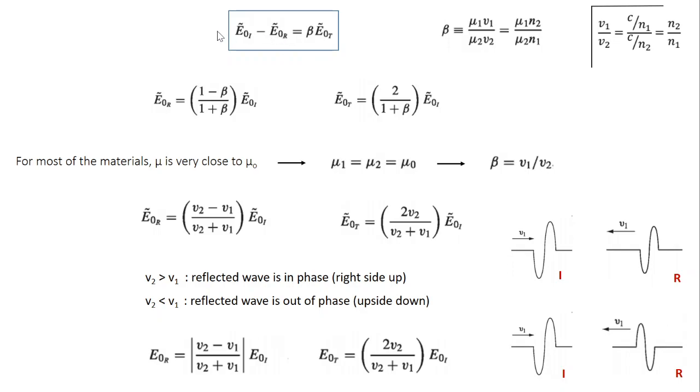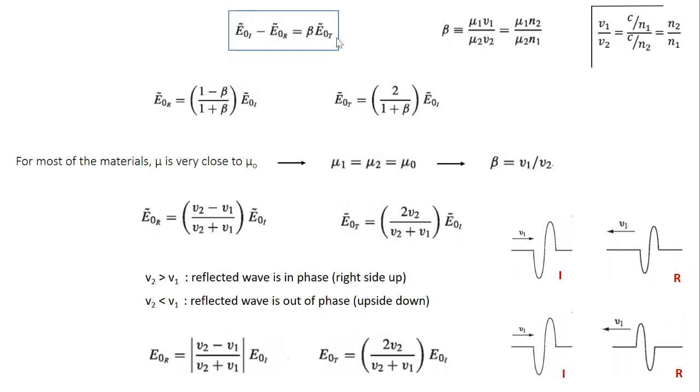You can solve these equations. First add these two together. So the E naught R term gets cancelled. You have E naught T equal to 2 divided by 1 plus beta into E naught I. What do you do?